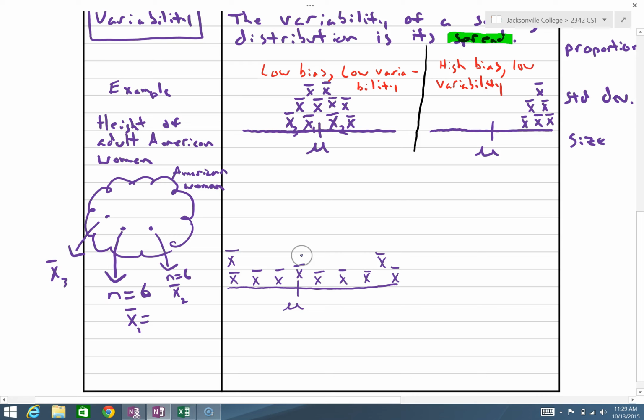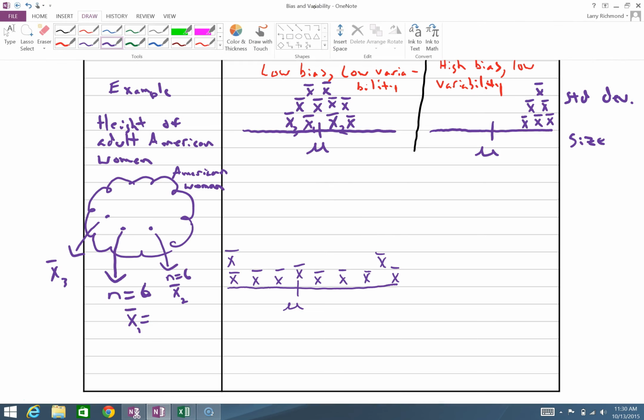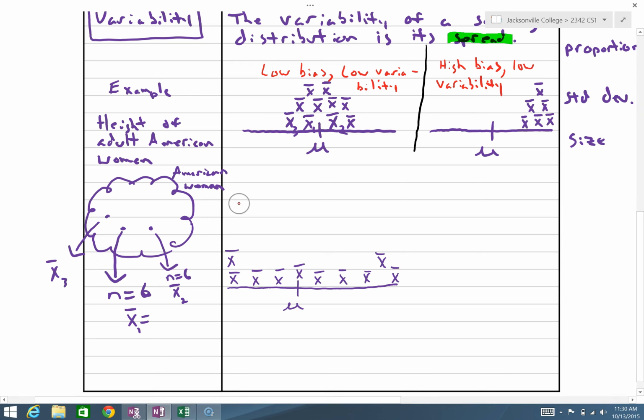Since it's centered properly, we'll say there's low bias. Like this one, our sampling distribution, our distribution of samples are centered over our true mean, but it's very spread out. It's going to be low bias and high variability. This one is low bias. That is, it's centered properly.